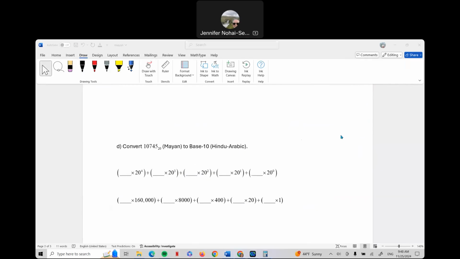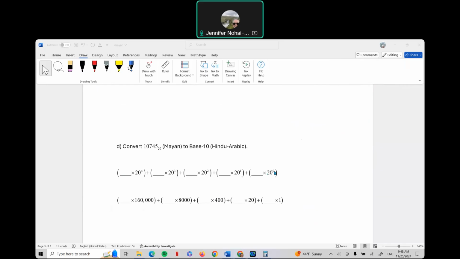Now notice this last time we have to convert 10745 base 20, which is Mayan, to a base 10 in Hindu Arabic. So we don't show the Mayan here, but we do know that it's base 20. And so any base that you want to use here, whether it be 20 or 60 like the Babylonian, we have our bases as 20, 20, 20 going all the way across.